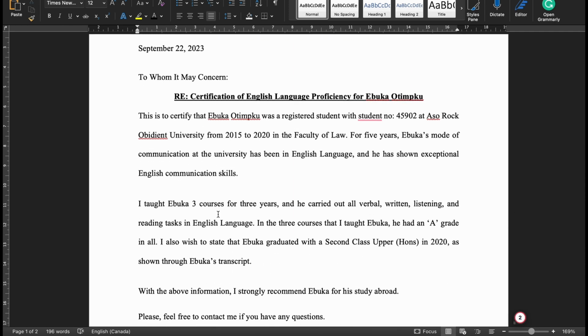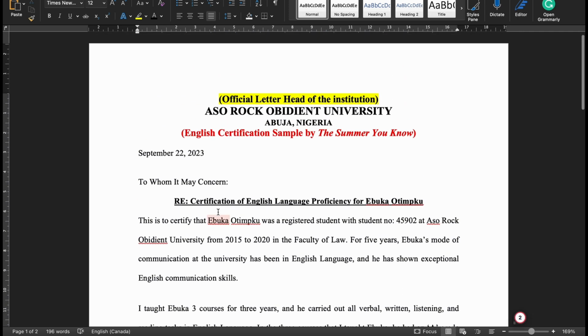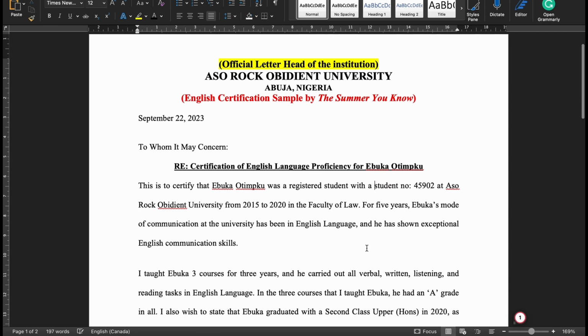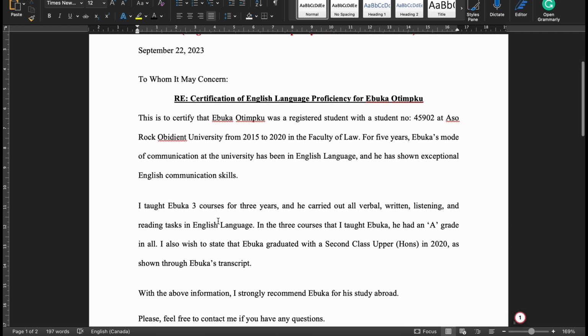Next paragraph says, I taught Ebuka 3 courses for 3 years. So obviously this will tell you that this is from the HOD of the department. I taught Ebuka 3 courses for 3 years, and he carried out all verbal, written, listening, and reading tasks. You know what I did here? I mentioned this because it is what they require you to do on a normal day during IELTS.